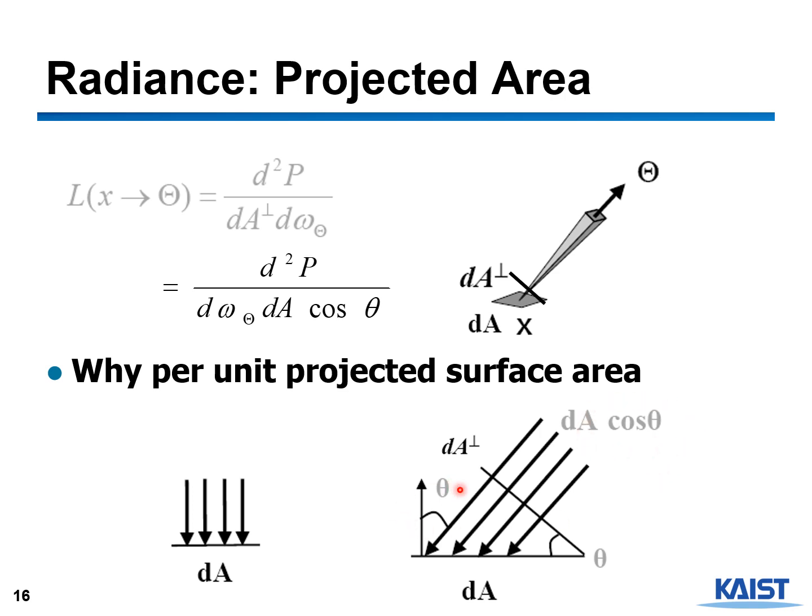So this is theta. As you can see, this is theta, and this is also theta, right? By definition, cosine theta is computed by dA orthogonal over dA. Then you can derive dA orthogonal by utilizing the cosine theta term: dA orthogonal is computed by dA multiplied by cosine theta.